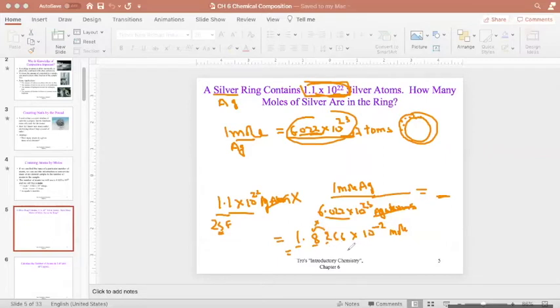So your final answer will be 1.8 times 10 to the power negative 2 moles. This is your final answer. And if you want to convert this scientific notation into standard form, you can do that too. So it should be 0.018 mole.